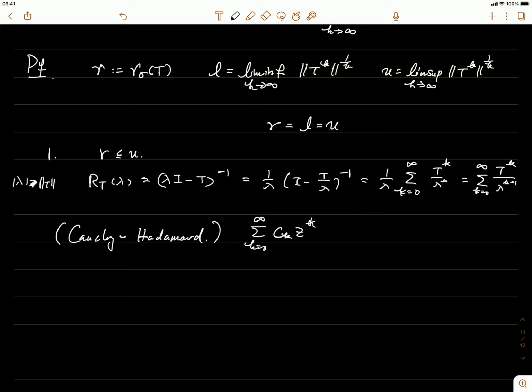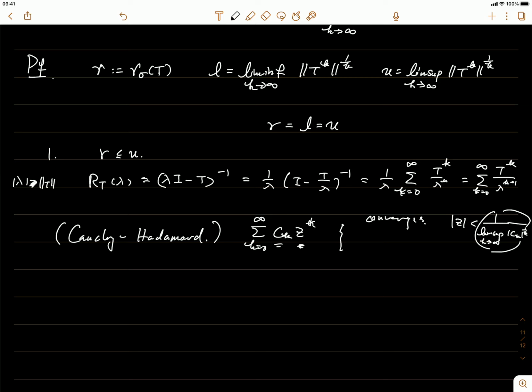the radius of convergence is such that it converges if the norm of z is less than 1 over the upper limit of |c_k| to the power 1 over k, as k goes to infinity. So this is called the radius. Both c_k and z are complex values.